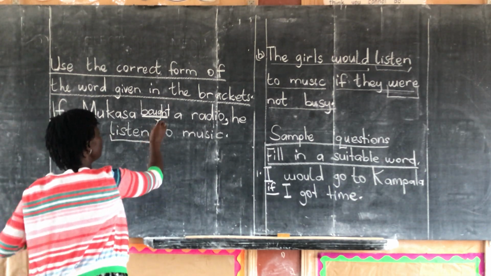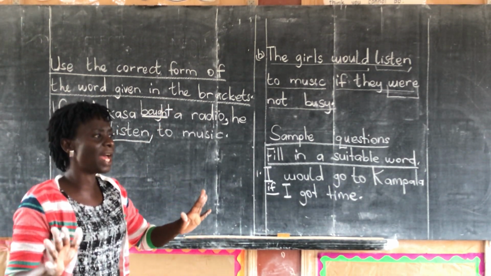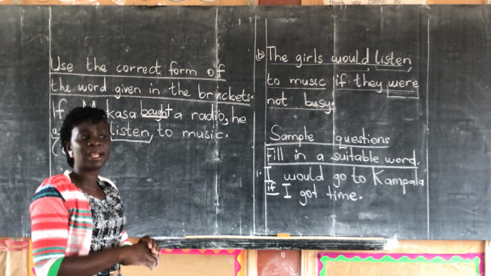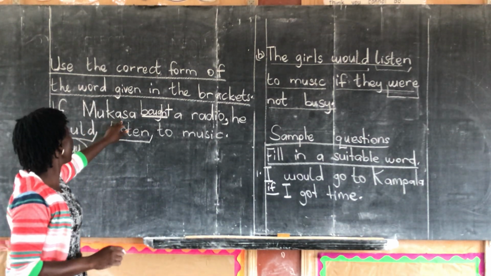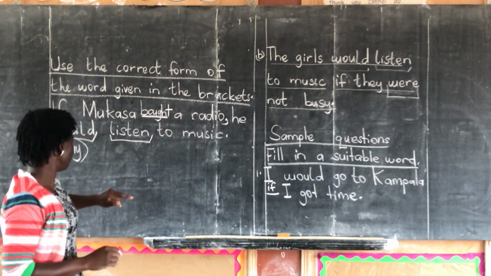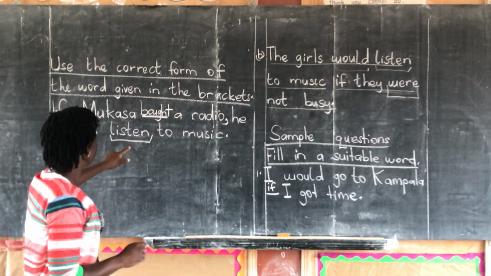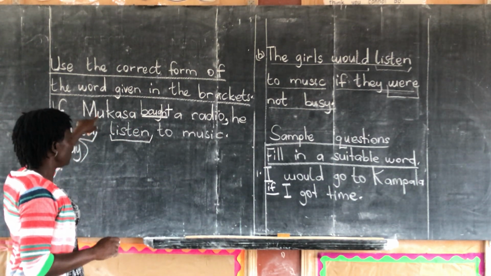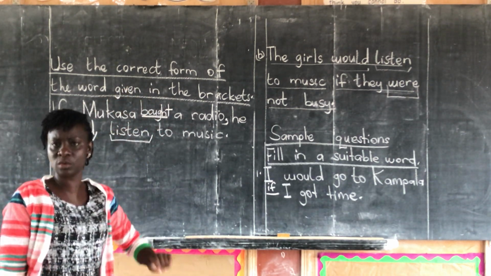Now, where do children go wrong? For them, when they look at a question and read it, they just write anything that comes to their mind. So you'll find somebody writing, if Mukasa had bought a radio, he would listen to music. That is not correct. That would be correct if the sentence had have here, saying if Mukasa had bought a radio, he would have listened to music.